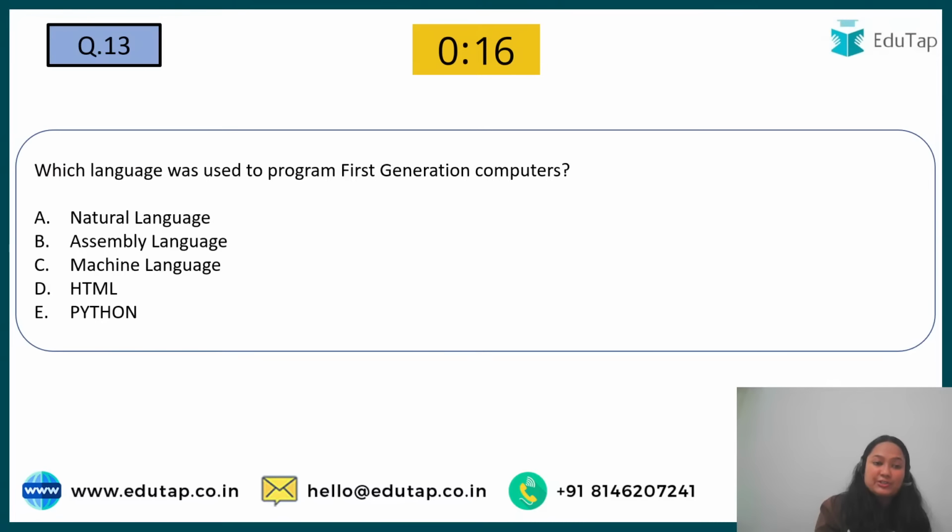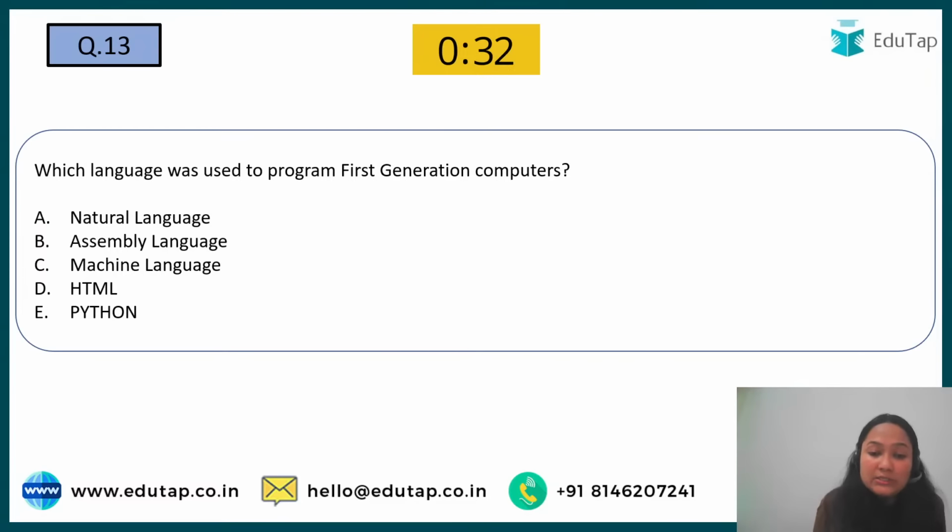Moving to the next question. Which language was used to program first generation computers? Now I have already told you, whenever we are talking about the generations of computers, two things we have to remember: the component used and the language. These two are the most important. So here you will have to tell what language we started to use in the very first generation. Of course I'll tell you the language for all 5 generations, but here you have to start with the very beginning.